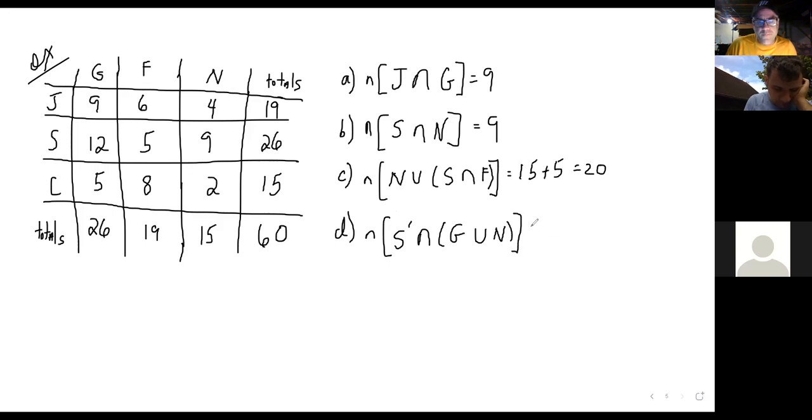All right. Let's see what we can come up with. So in words first, this is the number of people who are not in senior high, and they also play the position of guard or center. So if you're not in senior high, then you are in what, junior high or college.